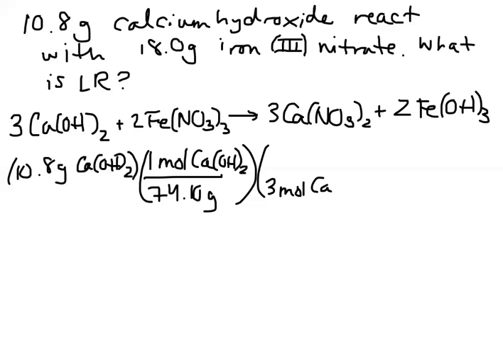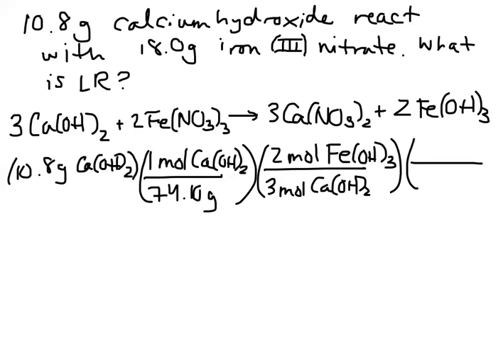So it's 2 to 3. Yeah, I chose iron hydroxide. If you went to calcium nitrate, it would be 3 to 3. 3 moles of calcium hydroxide, 2 moles of iron hydroxide, and that mass is 106.87.